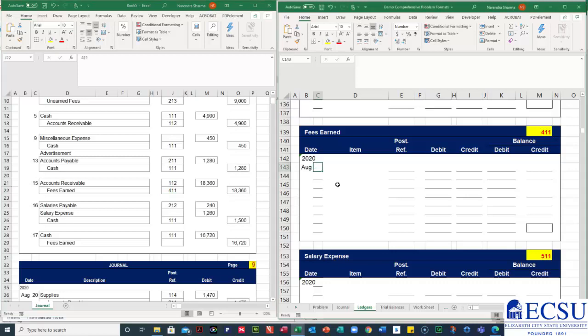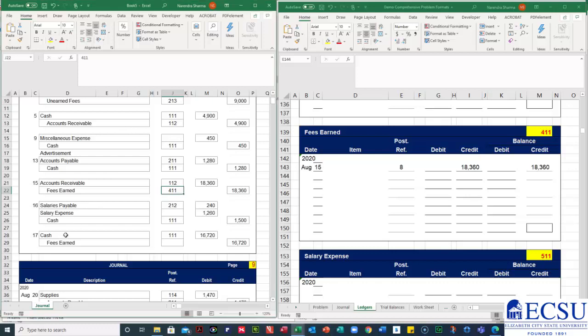So I'm going to write here on the 15th. Posting reference, this is page 8 of the journal, and I had credited with 18,360. So the balance will also be a credit of 18,360. That is how we'll handle the August 15th.